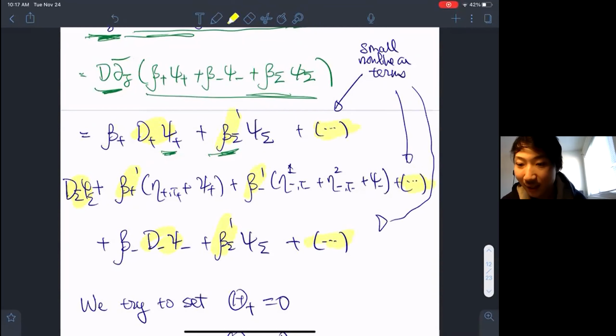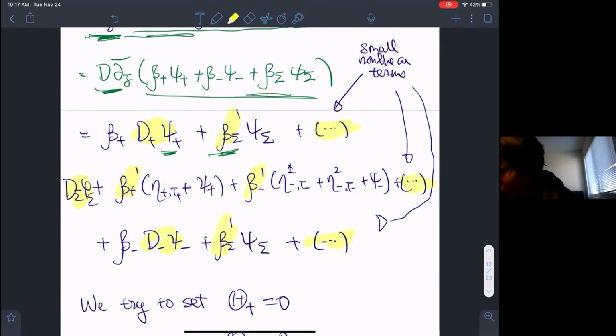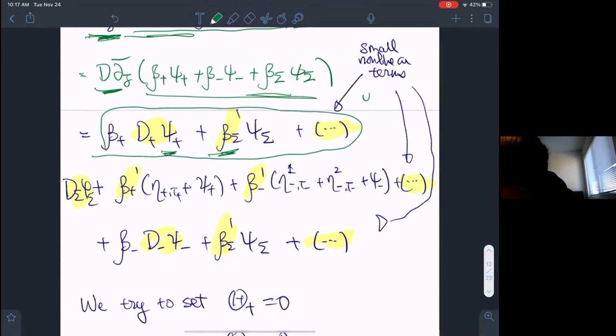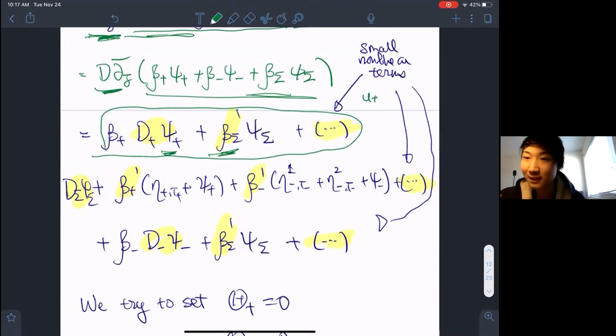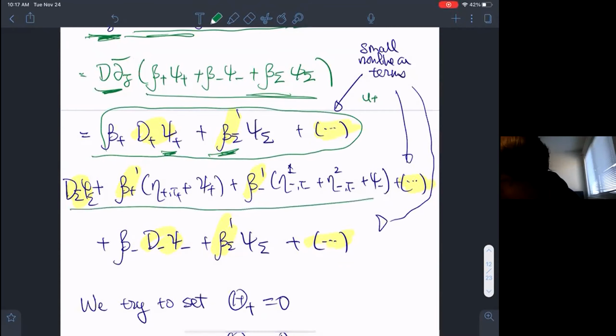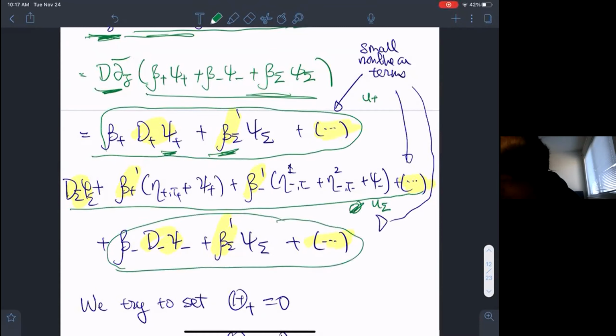Okay, next we will separate these into three different equations, so I'm going to collect some terms. If you think about it, the support of these terms is concentrated mostly over U plus. The support of these terms is concentrated over U sigma, the pair of pants, and the support of these terms is concentrated over U minus.